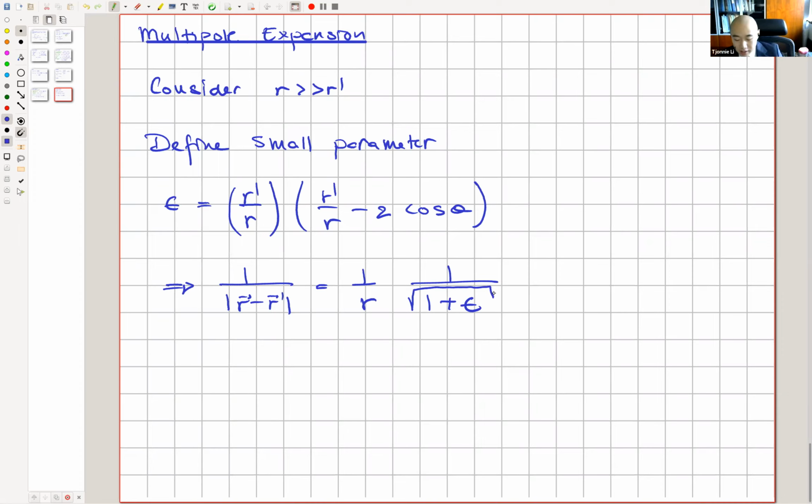So this is actually the expansion that we want to do. In this case, this can be approximated by r to the minus 1 times 1 minus a half epsilon plus 3 over 8 epsilon squared minus 5 over 16 epsilon cubed, and so on. Again, using a simple binomial approximation.